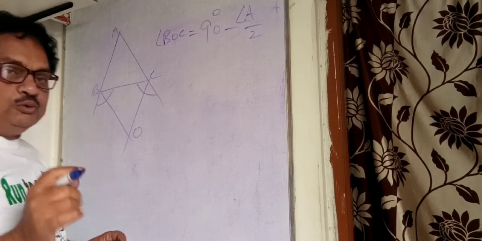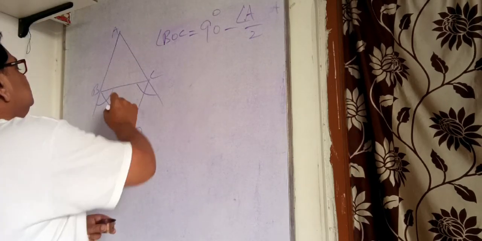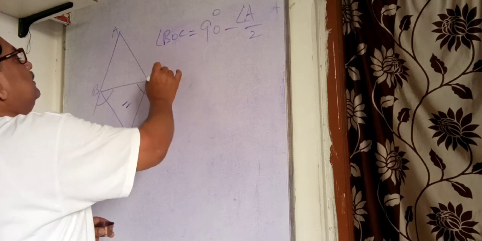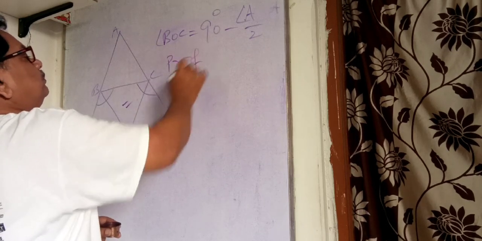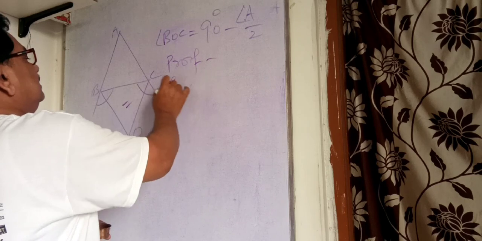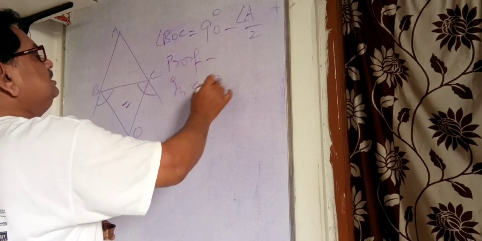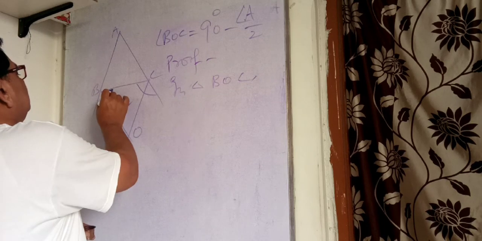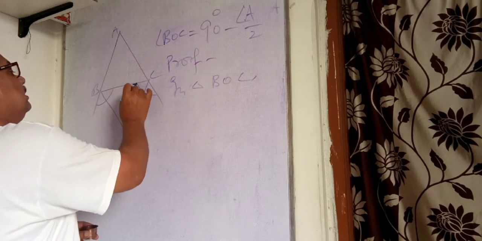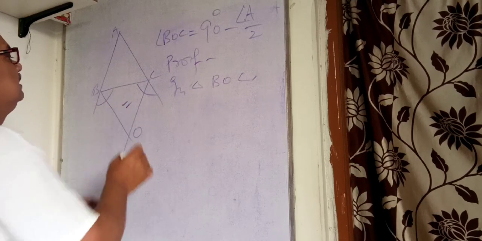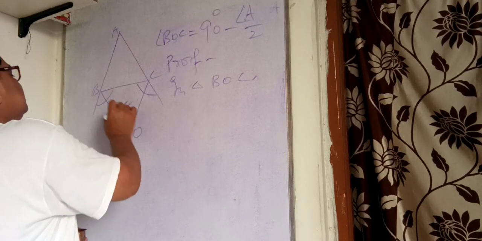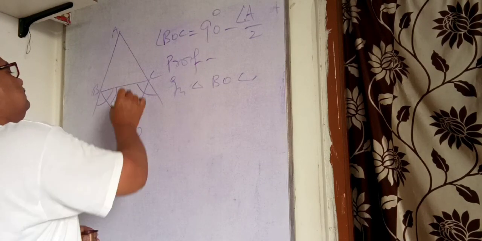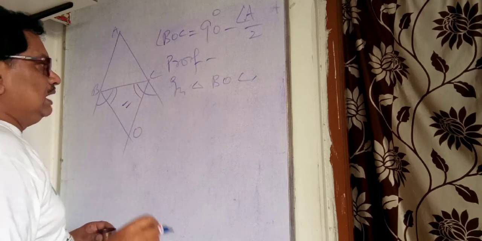And how to prove it? See, we just start from this triangle. As for the proof, in triangle BOC, here we have the exterior angle B, here we have the exterior angle C, but in this triangle only half the exterior angle B and half the exterior angle C are there with us.